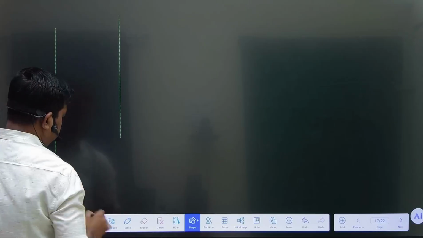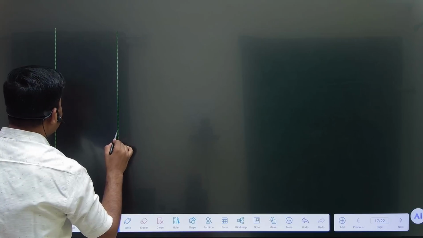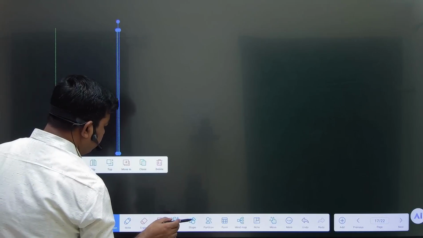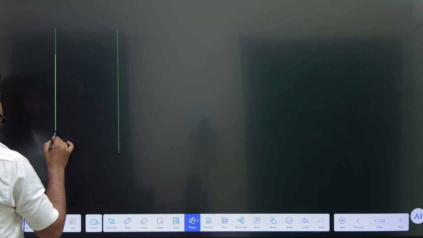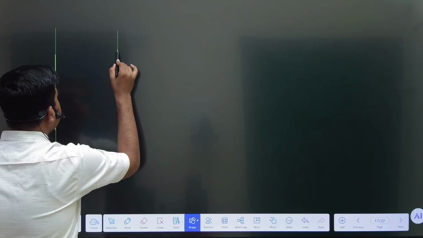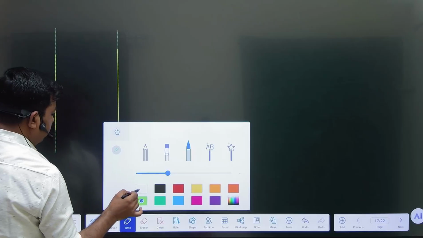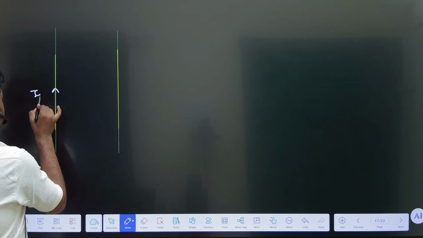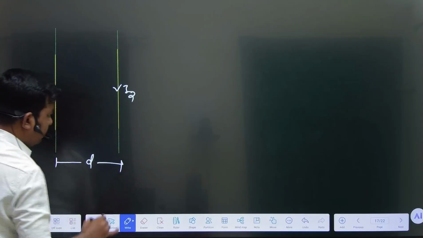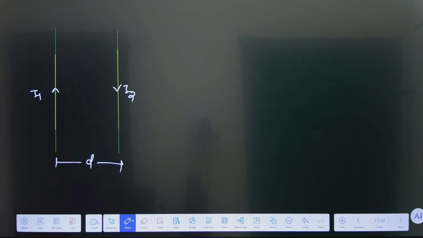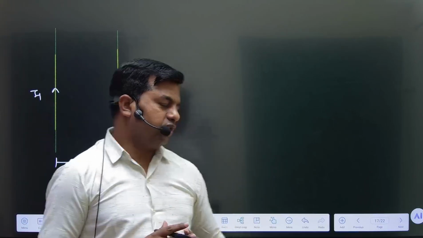You are given that these are two parallel current carrying conductors carrying current in opposite directions. Now this is the first conductor and this is the second conductor, and they carry current in opposite directions. So this carries current I1 and this conductor carries current I2, and both conductors are placed a distance d apart. Consider two infinitely long parallel conductors carrying currents I1 and I2 in opposite directions.